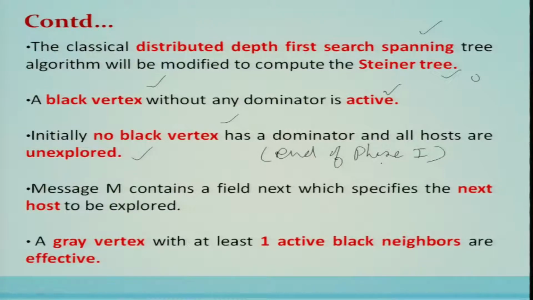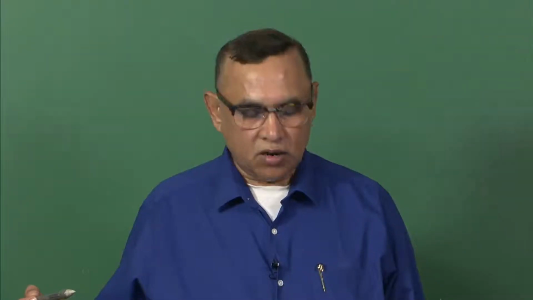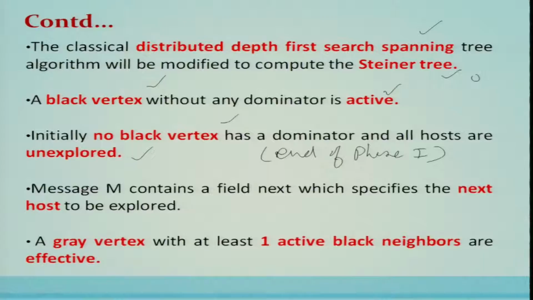Now phase 2 will try to connect those black nodes with gray nodes becoming blackened, and they are called dominators. So those black nodes will now get dominators. Message M contains a field next, which specifies the next host to be explored in DFS formation.